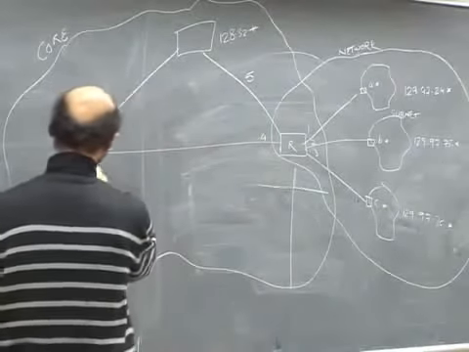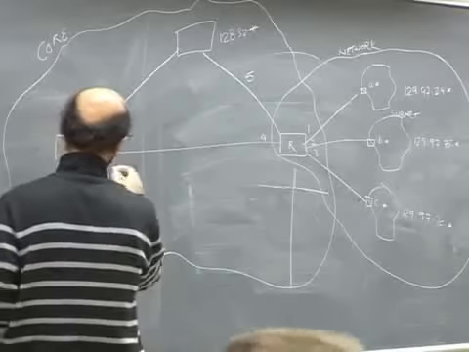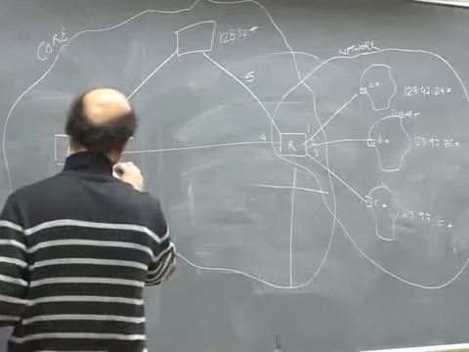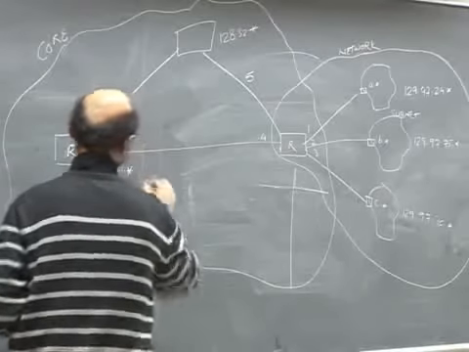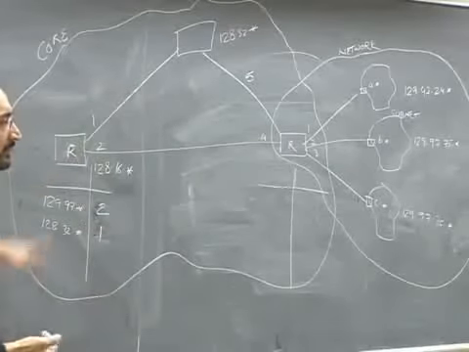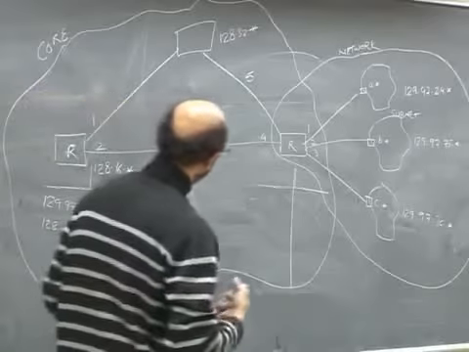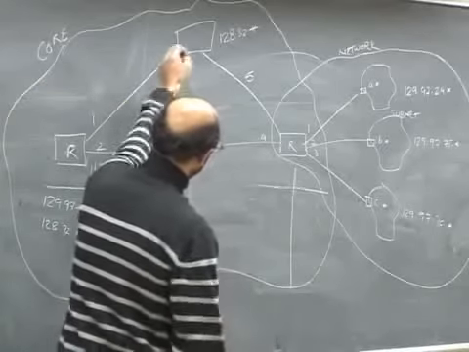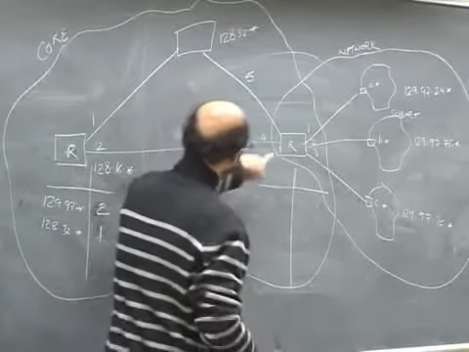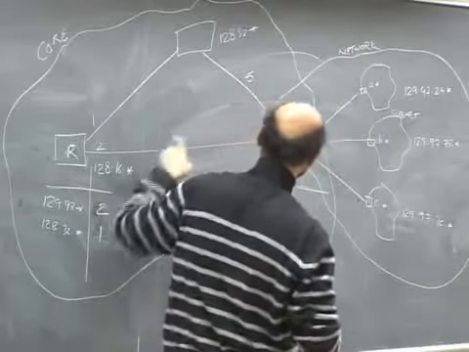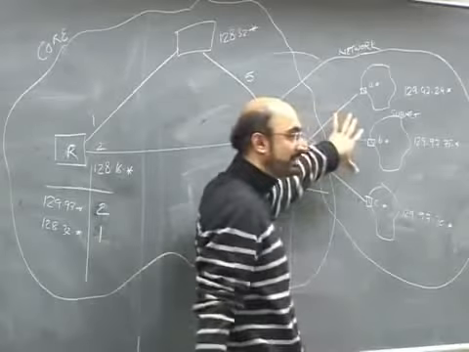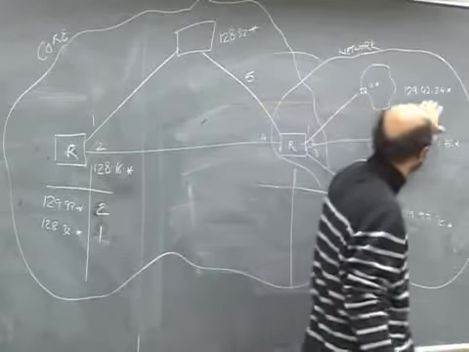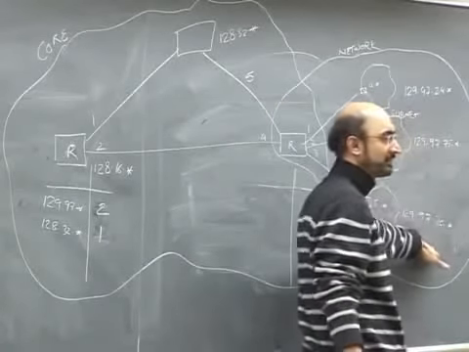And this router over here is responsible for 128.16.star. Let's just work with these numbers for a moment. Now, what we want is for this router, when it gets a packet, to either send it over here, or to one of its subnets, which are these subnets, 129, 24, 75, and 36, correct?